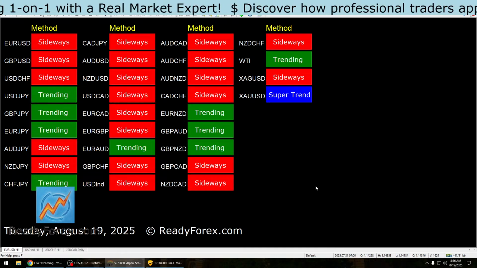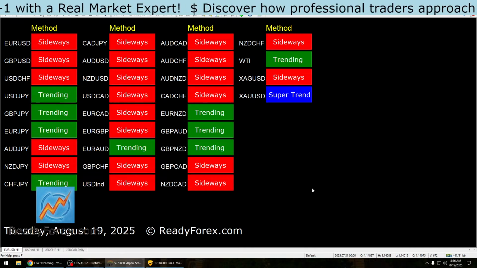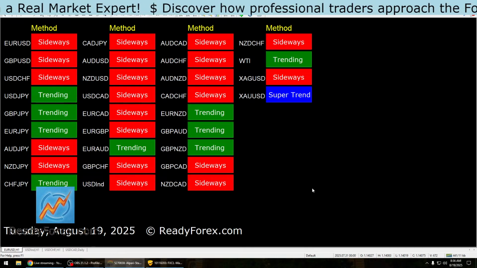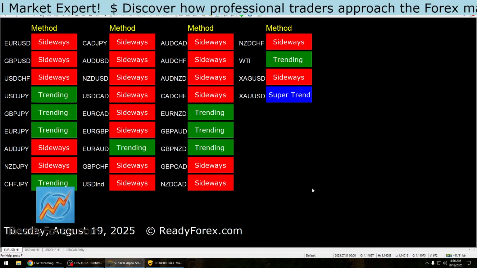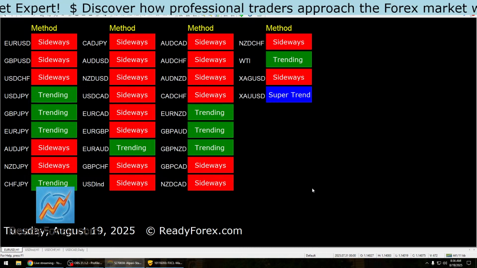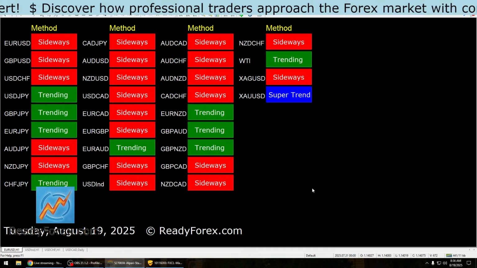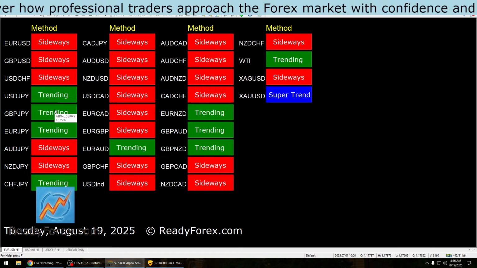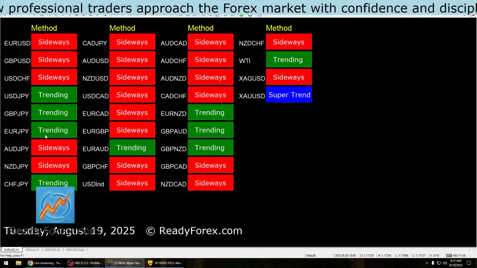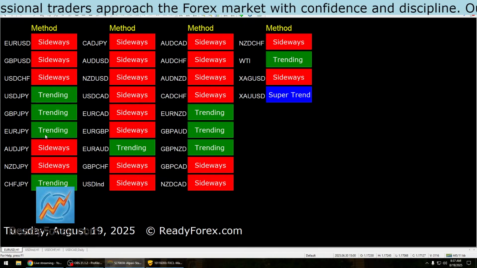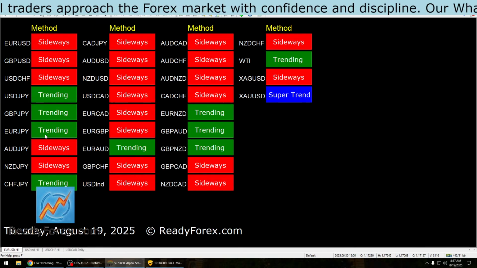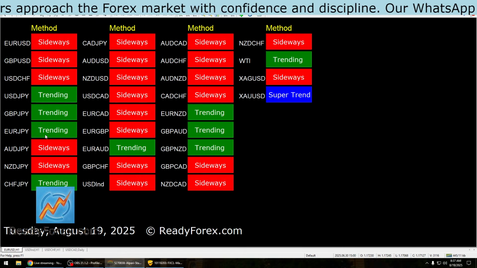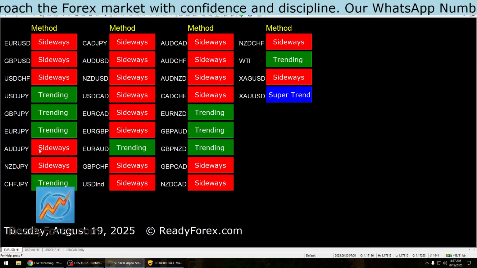Okay, it seems to me Euro USD is kind of moving sideways, so we should use a sideways trading strategy. Regarding the USDJPY, GBPJPY and EURUSD, we're getting kind of a trending price action over here, so we should use trend following trading strategies.